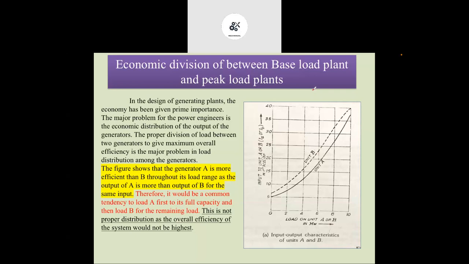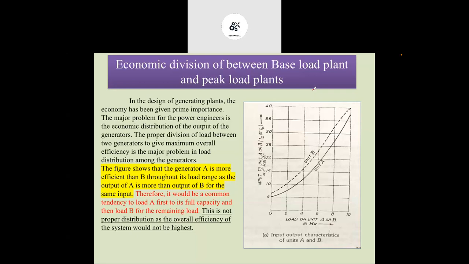Also the efficiency is important, but mostly in today's world, we give more importance to the economy, right? The major problem for the power engineer is to economically distribute the load between the generators, because there are two generators available, one in the base load and another in the peak load. So how to divide the load between these two power plants or two generators? That is the main problem.